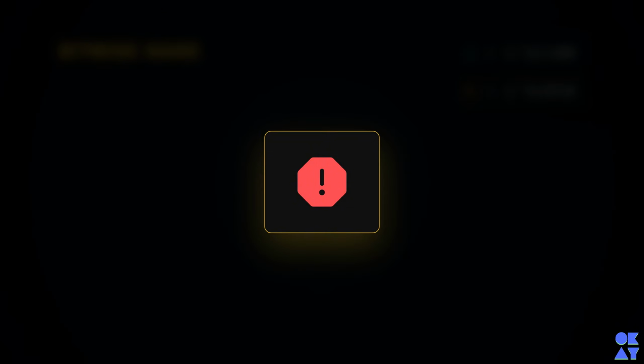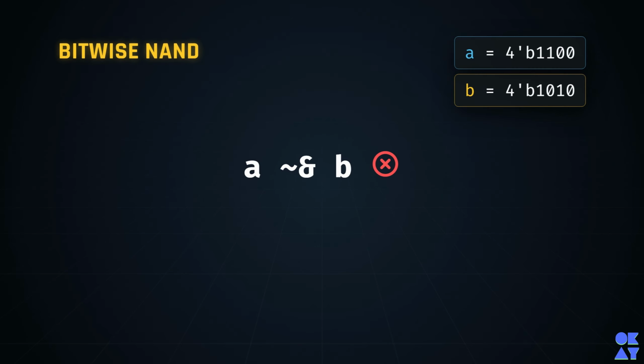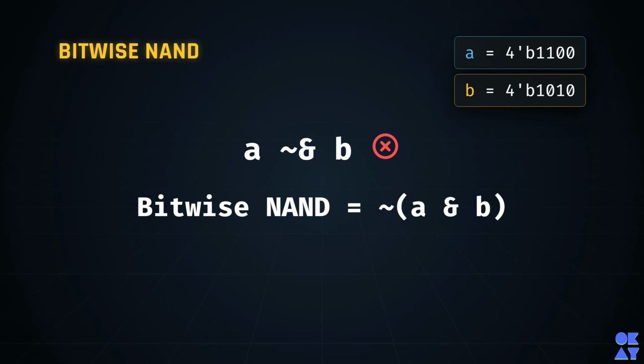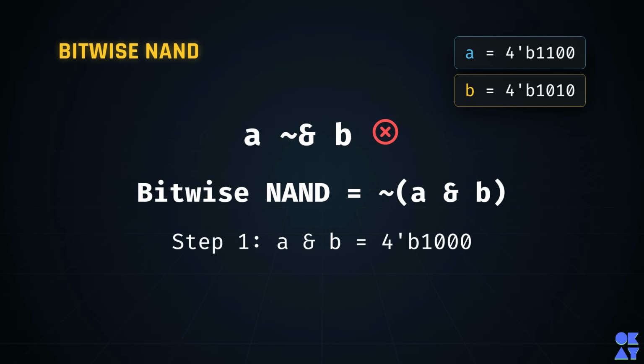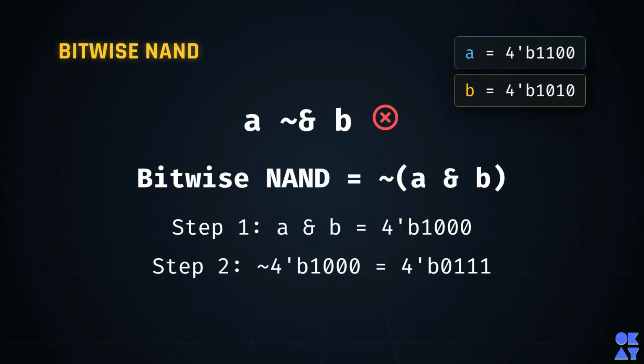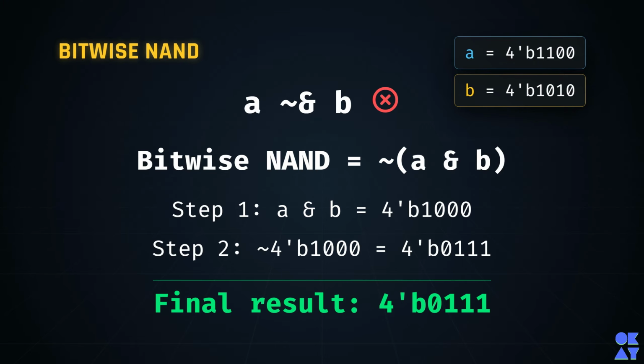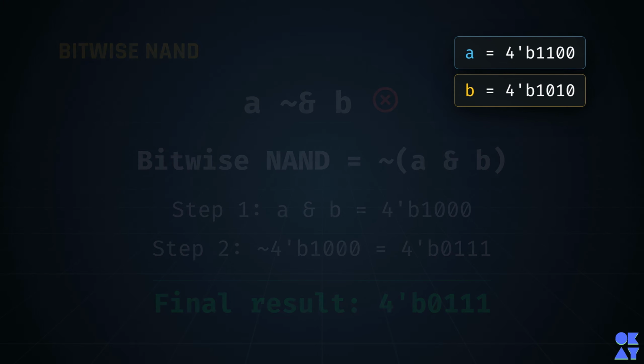Bitwise NAND. Now, a common mistake. Many people think bitwise NAND is written as A tilde and B. That is not correct for bitwise operation. Bitwise NAND means not of A and B. Step 1. A and B equals 4-bit 1000. Step 2. Not of 4-bit 1000 is 4-bit 0111. Final result, 4-bit 0111.